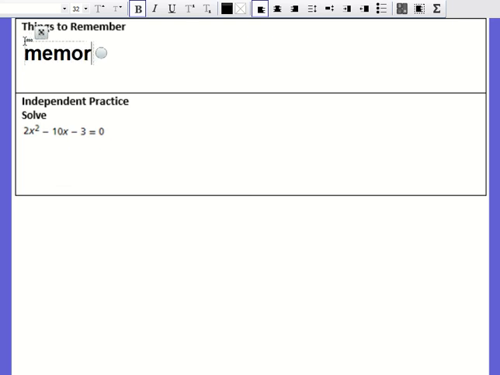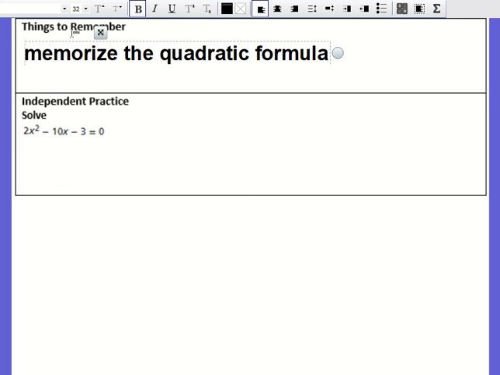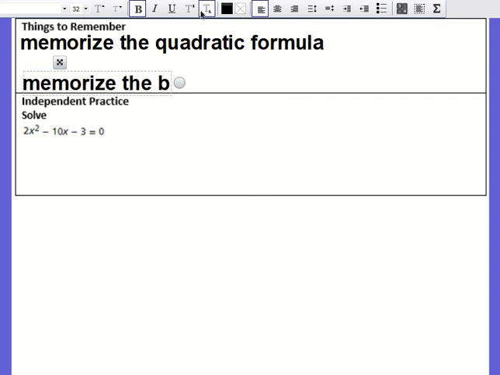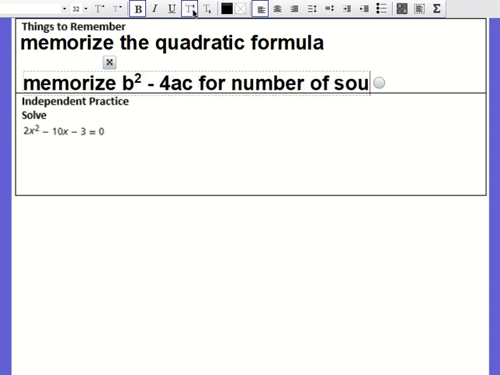So memorize the quadratic formula, and I'm not going to type it all back out because that's really obnoxious. And then memorize b squared minus 4ac for number of solutions.